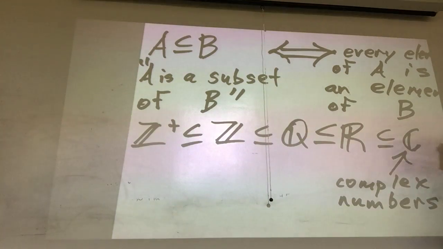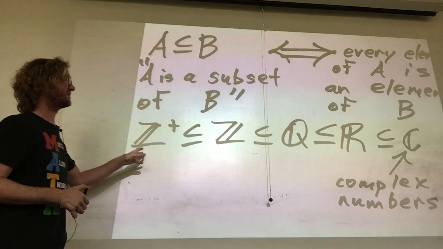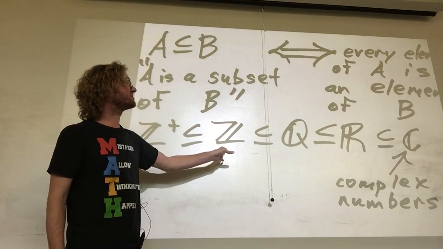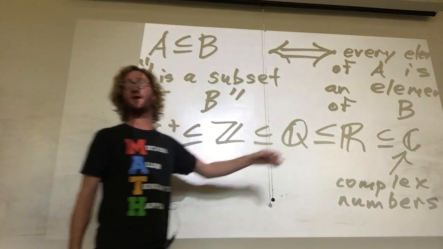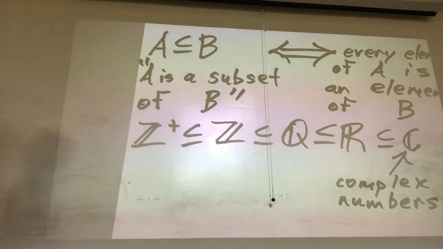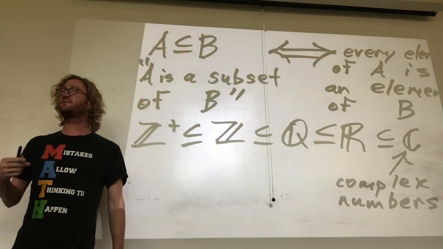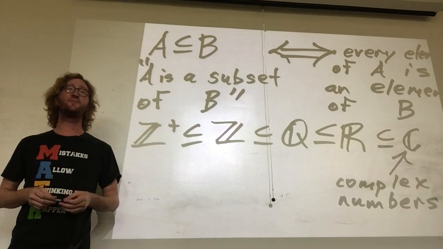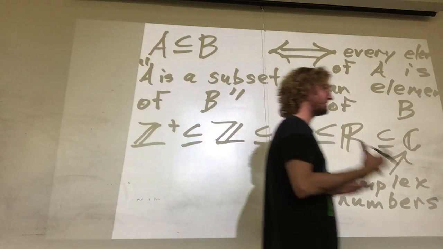Okay. So the positive integers are a subset of all of the integers. Okay? All of these integers are a subset of all of the rational numbers. Okay? And then the rational numbers are a subset of the reals because the real numbers contain both the rational and the irrational. Okay? And then why would the real numbers be a subset of the complex numbers?